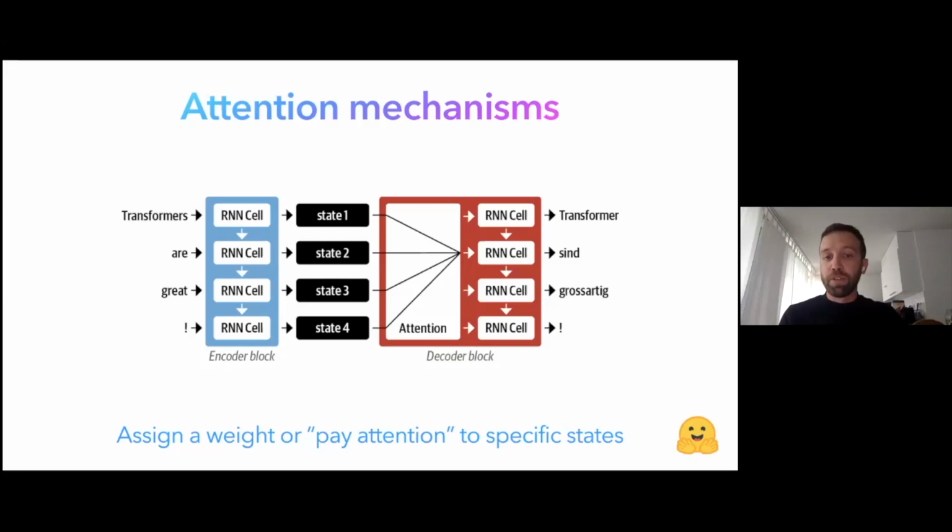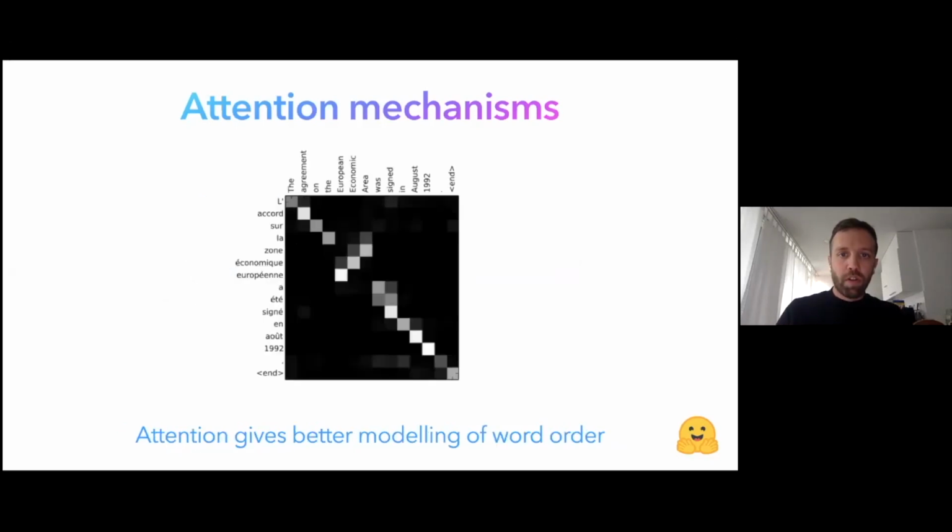In very simple terms, what the attention mechanism does is create a weighted sum, or a weighted average, of the states. For each state, it creates a weight and says, that's probably important, or that's not important. Then it sums these states up and uses that information to make a prediction. When you look at what that actually does, it helps the decoder align the states from the encoder with the tokens it needs to predict.